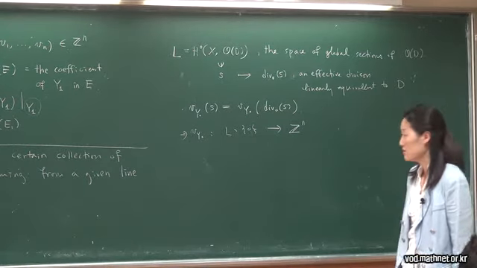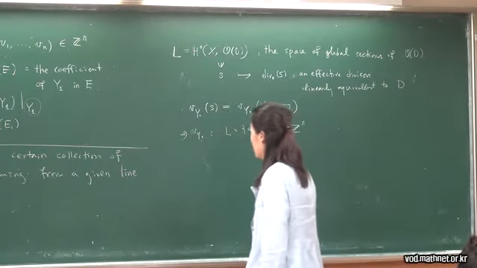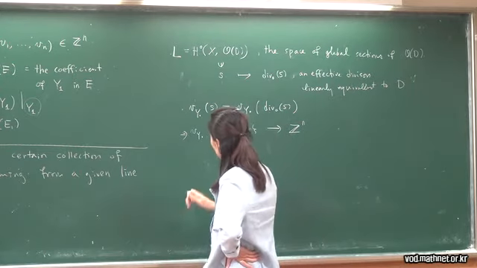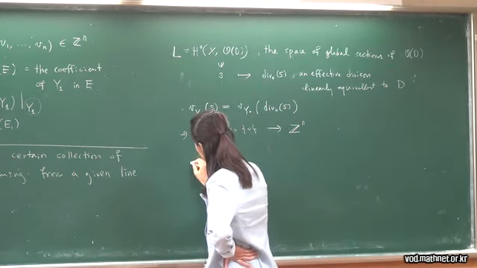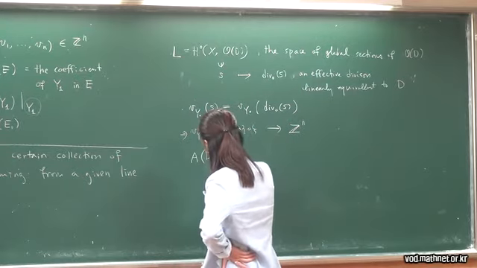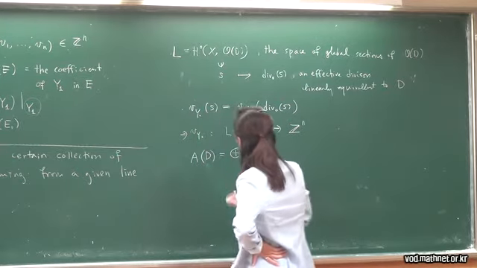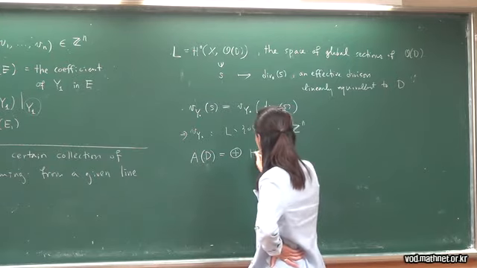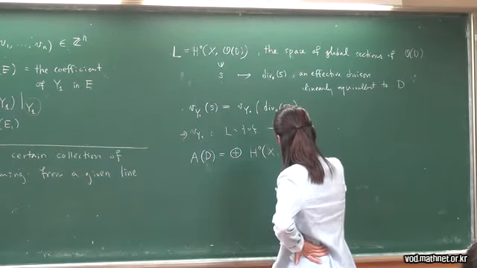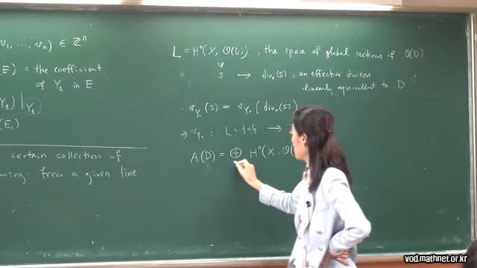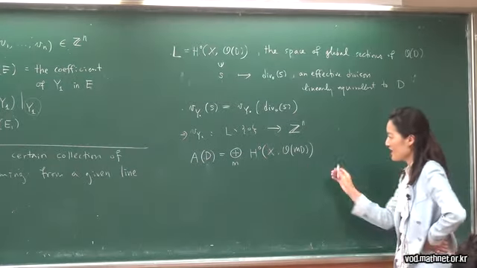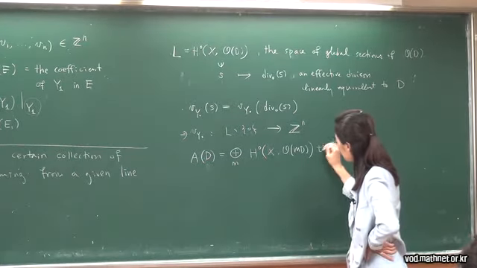Implicitly what you are considering is the following algebra, A of D. This is the direct sum of these spaces. If you want to record the grading of A of D, you can put it like this.